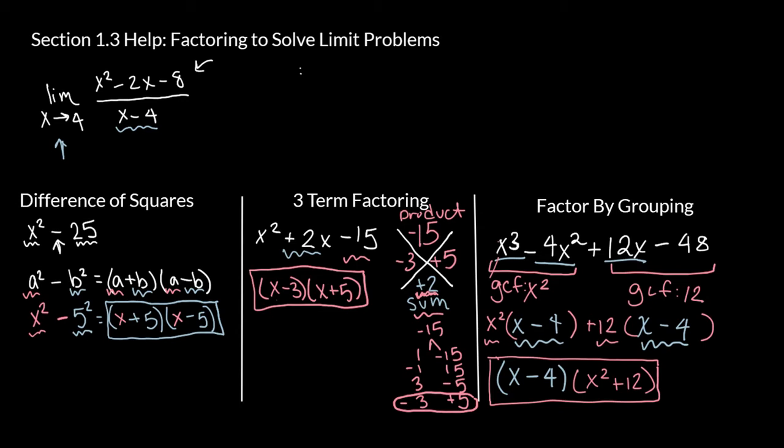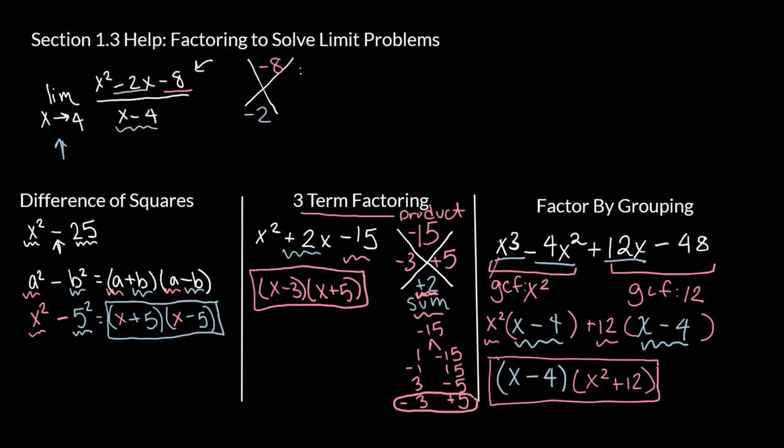So the factoring means we're trying to find a product. This is a 3-term factoring problem, so just like this type here, we're trying to find a factor of negative 8 and a sum of negative 2, because that's our middle term here.